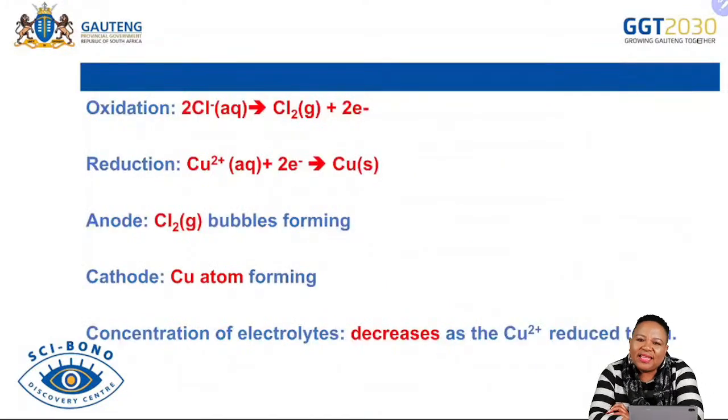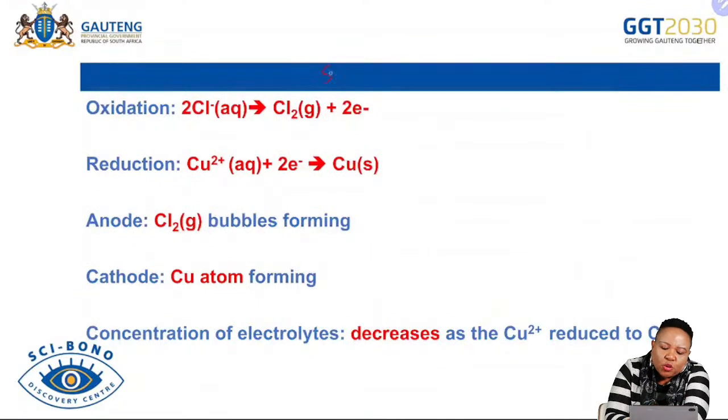So this is just a summary of the reactions that will occur when we decompose copper chloride. We expect a chloride ion to undergo oxidation and form chlorine gas plus 2 electrons. At the reduction side, we expect copper 2+ ion to undergo reduction, gain electrons and form copper.